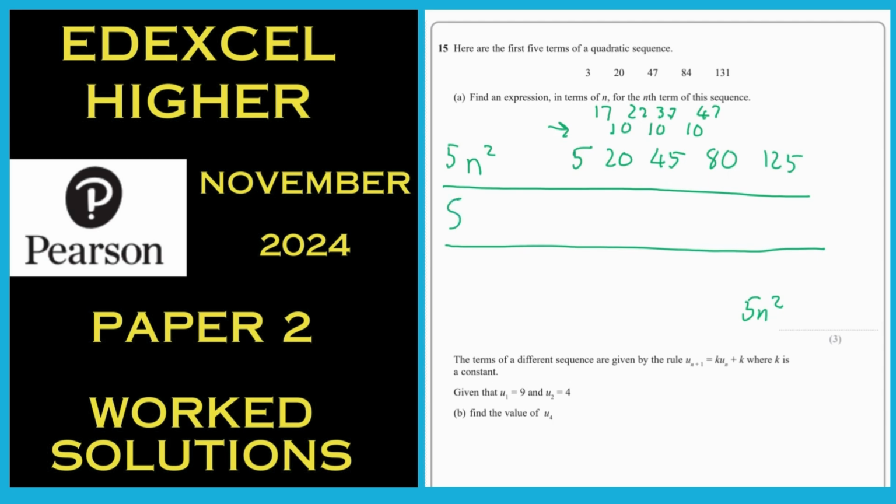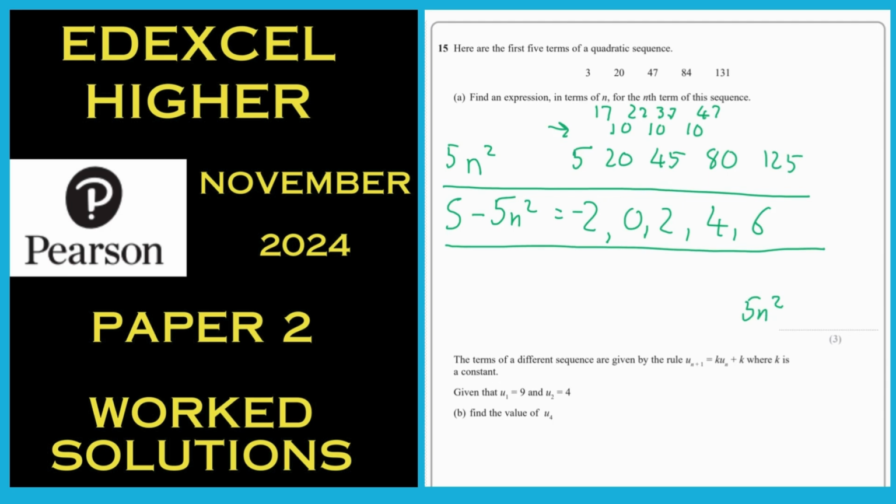Take your sequence, the 3, the 20, the 47, subtract the 5n squareds. 3, take away 5. 20 minus 20. 47, take away 45. And you should, at this stage, notice a much friendlier pattern going on. It's almost like a mini reset now.